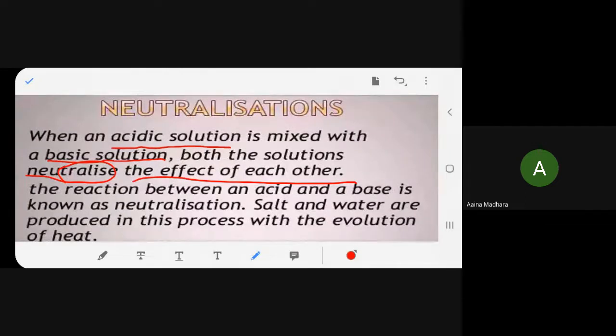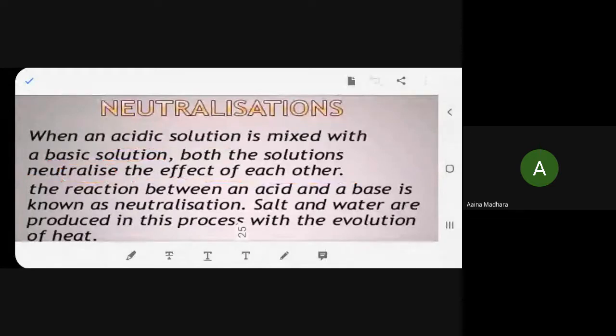Acid is cutting short the basic features, and base is removing the acidic features. Is this clear? Base is nullifying the effect of acid, and acid is nullifying the effect of base. This is called neutralization.